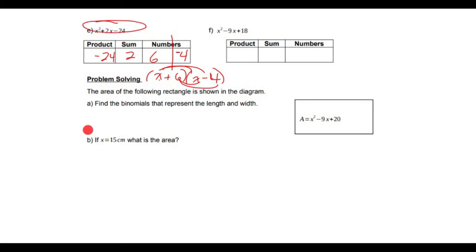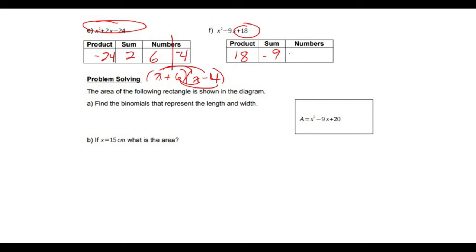Let's do this last one and then move on to the word problem here. All right, again, product is 18. The product is almost always going to be this little guy by himself over here, or lady, and the sum is negative 9. And the numbers there, if you multiply together, gives you a positive number, but if you add them, gives negative.